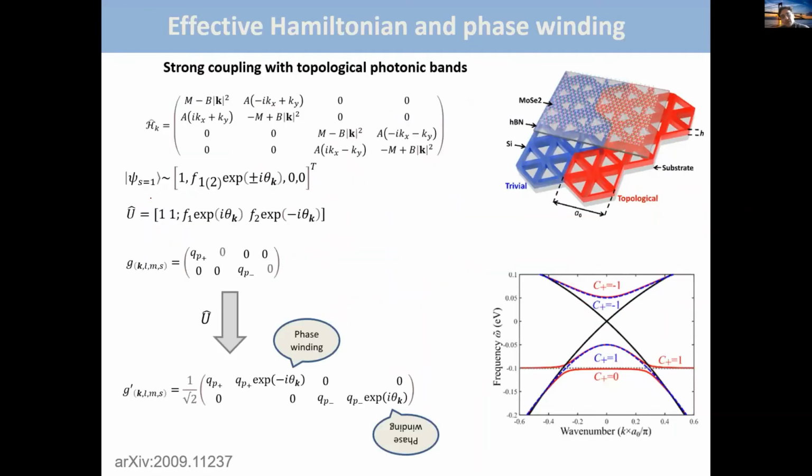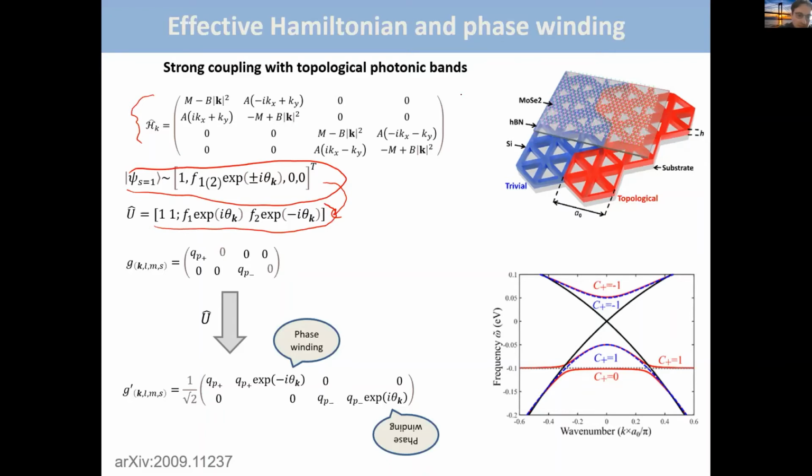But we know that if we want to find the eigenstates of this Hamiltonian, we need to diagonalize, and these are typical eigenstates for any Dirac-like Hamiltonian, right? So this is these eigenstates. So what really happens to our effective coupling between photons and excitons if we move to this basis of new states, and we use the states to diagonalize this photonic part of the Hamiltonian?